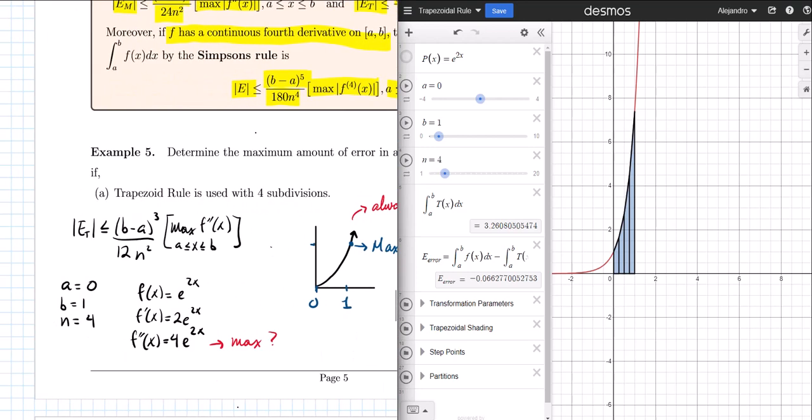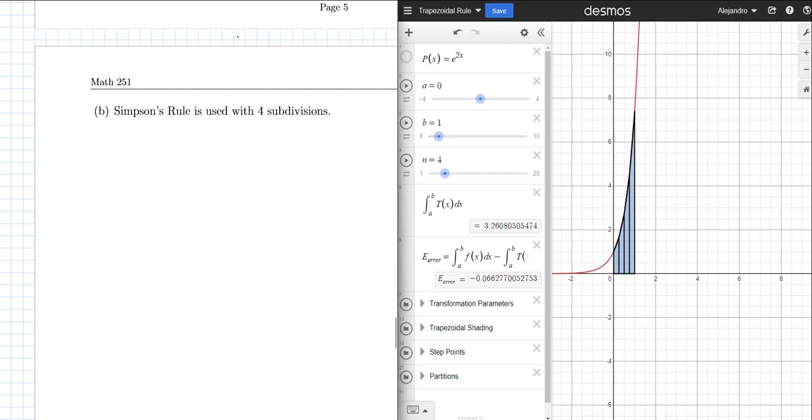Okay, alrighty, so now let's take a look at one more problem here involving the error with Simpson's rule using 4 subdivisions. Now, the approach for this problem is very much the same. It's just that the formula is going to be a little bit different.